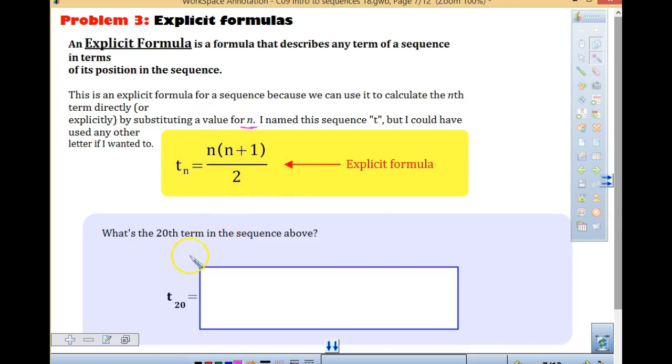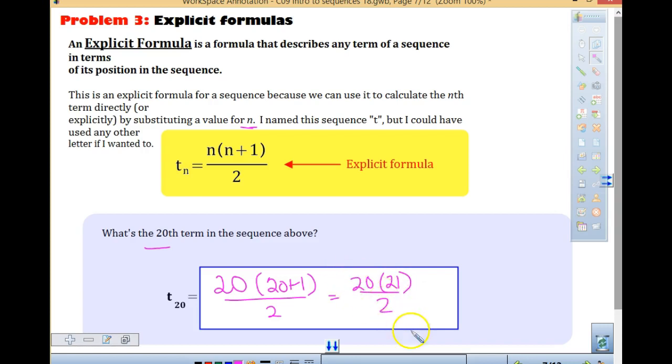So explicit, okay. So they're going to ask you, what's the 20th term as we are looking at this? So we're going to go up to this equation, and we're going to simply replace n with 20. That's all it means, is this n is now 20. So we have 20 times 20 plus 1, all divided by 2, which really, here's what a lot of you would probably write down: 20 times 21 divided by 2.